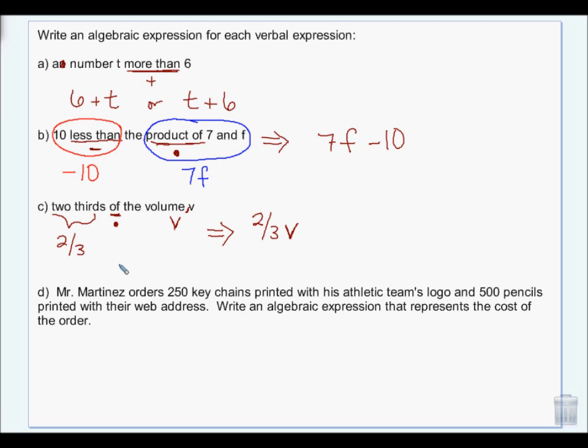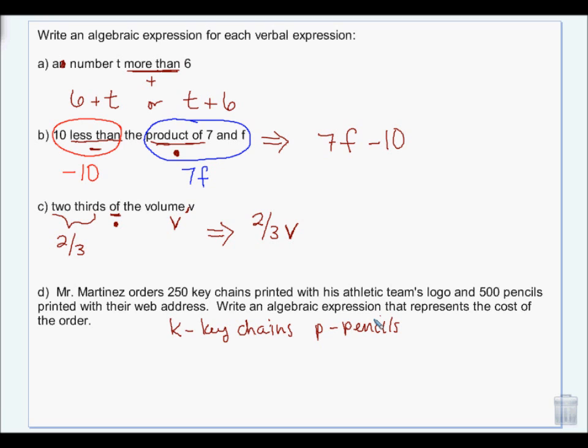Dr. Martinez is going to order 250 keychains printed with his athletic team's logo and 500 pencils printed with their web address. And we want to write an algebraic expression that represents the cost of the order. Okay. I'm going to use K for keychains and P for pencils. But you can use any letters you want. You can use X and Y, A and B, it doesn't matter.